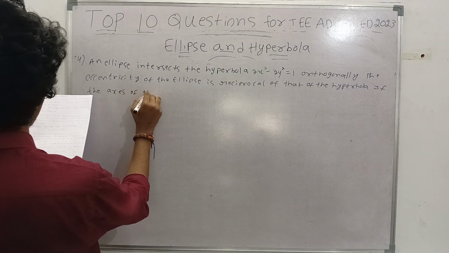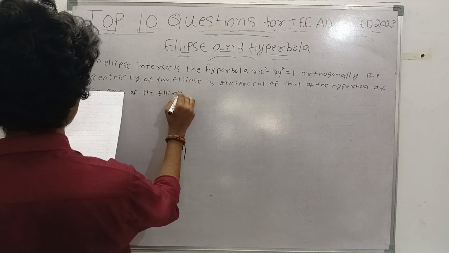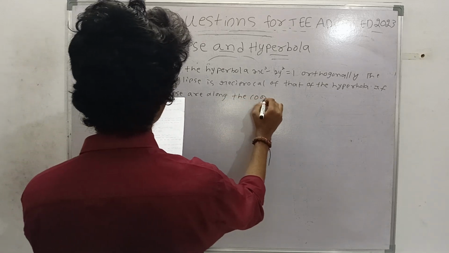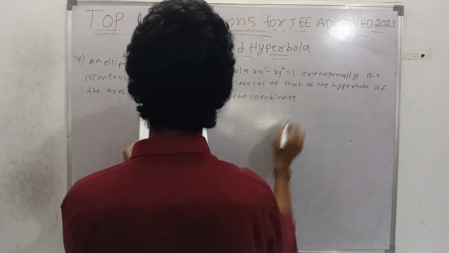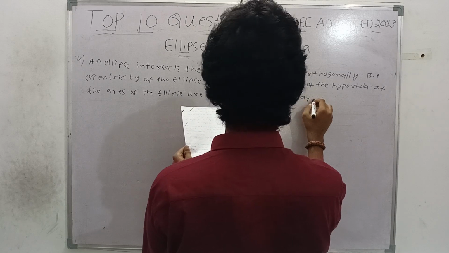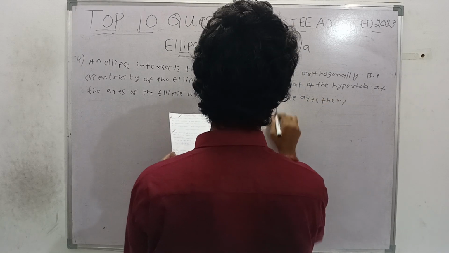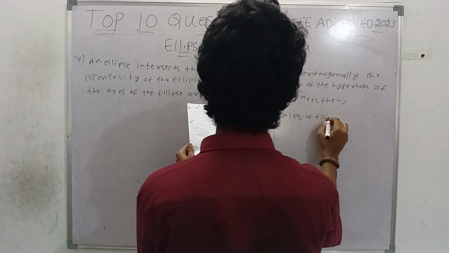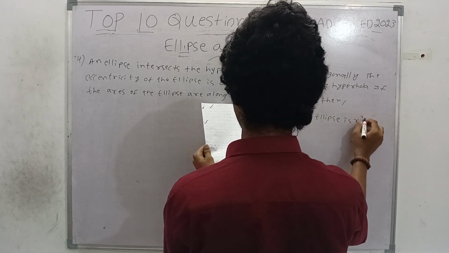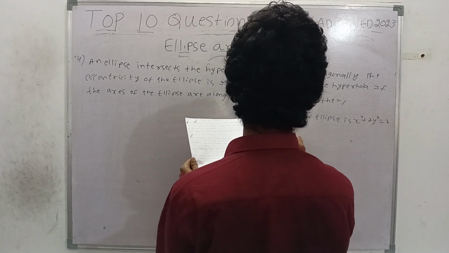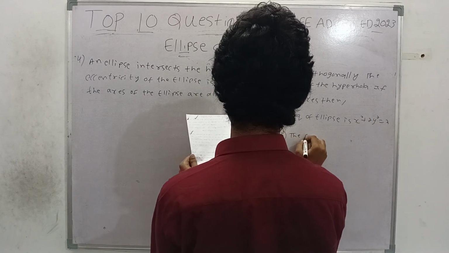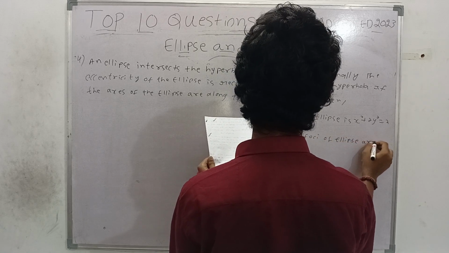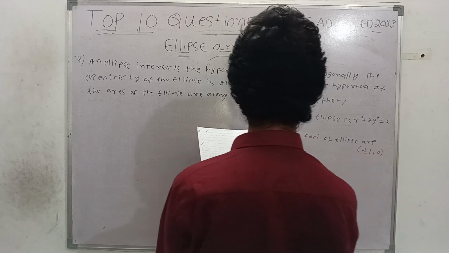the axis of the ellipse are along the coordinate axes, then the four options are: option A, equation of ellipse is x square plus 2y square equal to 2, and option B, the foci of ellipse are plus or minus 1 comma 0.